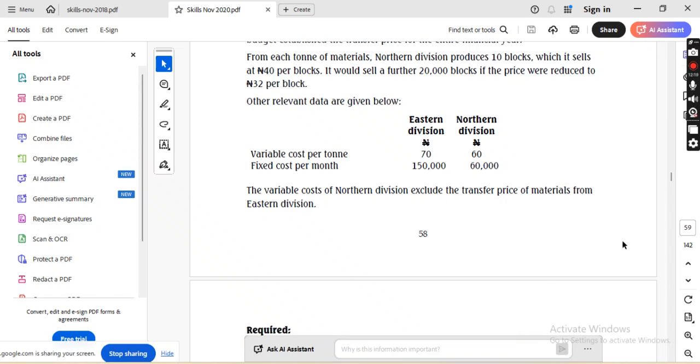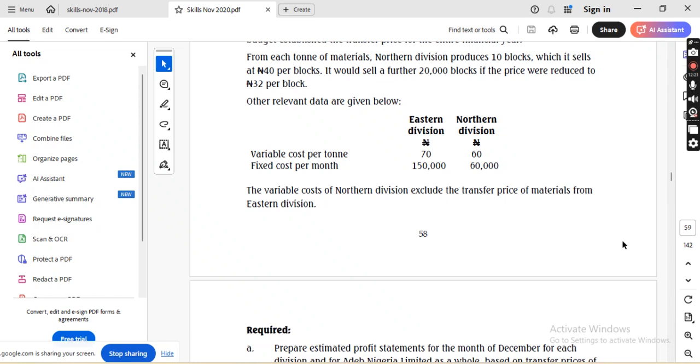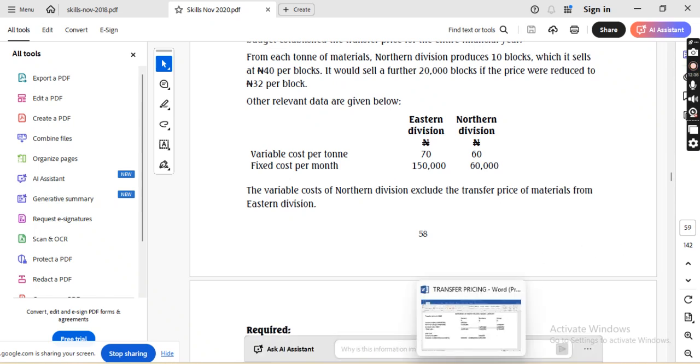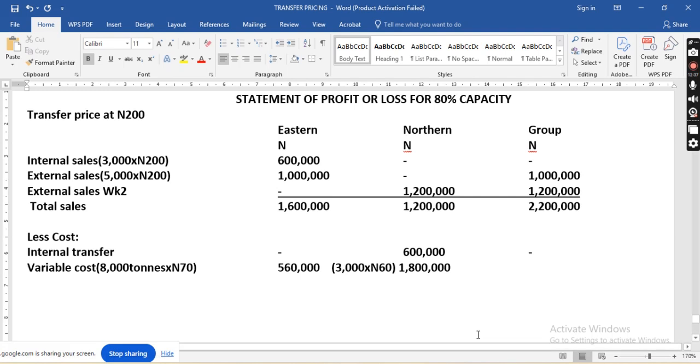You can see the question says variable cost per ton, and then variable cost per ton for Eastern, then the variable cost per block. So please, we should always look at the question very well before we move ahead. The variable cost is per ton, not per block, right? So what do we have here?